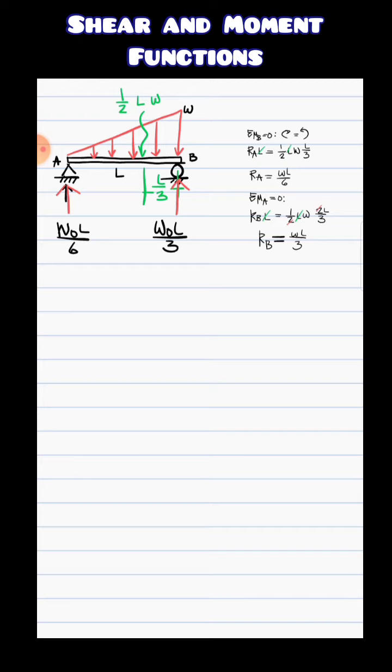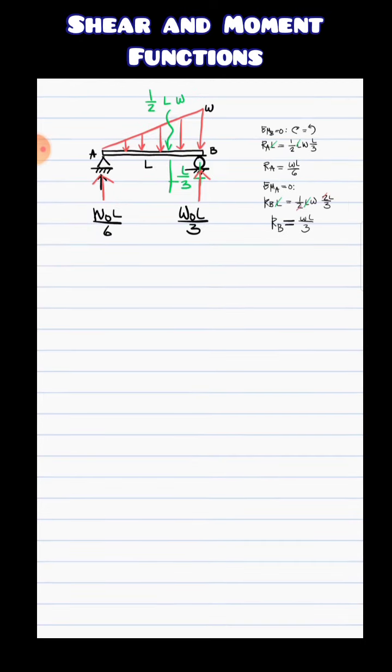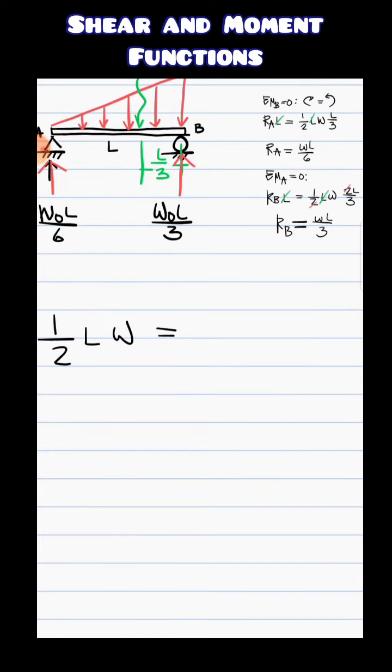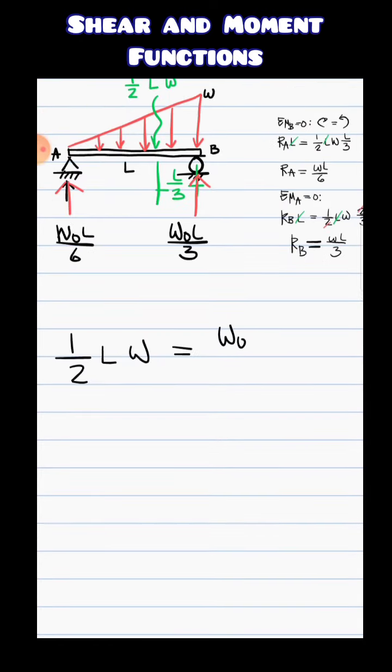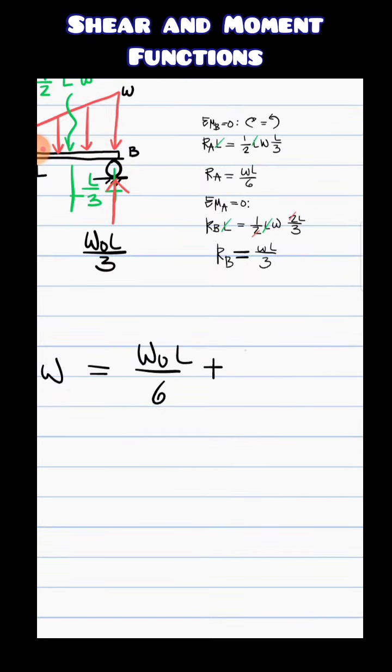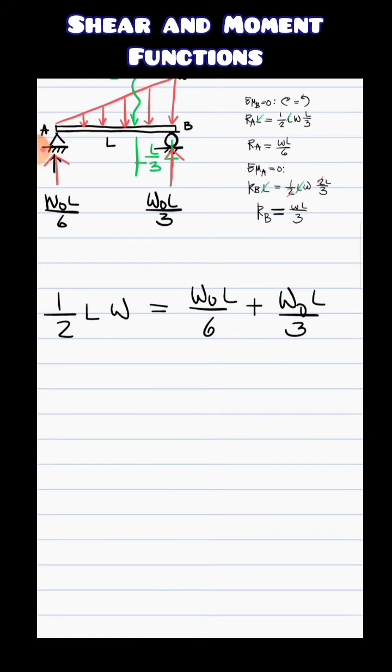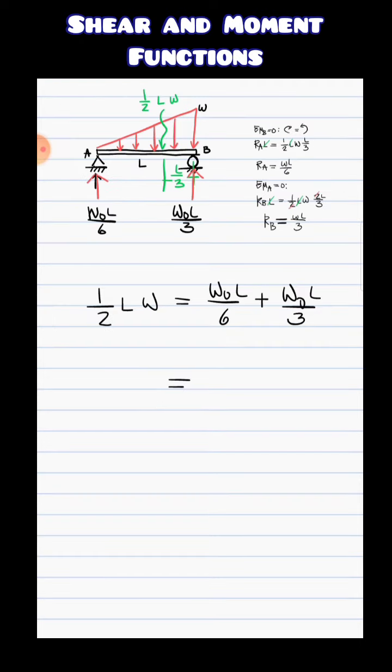To make sure these reactions are equal to the load because of equilibrium, 1/2 LW must be equal to the sum of these two. Let's check if it indeed is. This is not a necessary step, but it's a strategy you can use to check if your answers for the reactions are correct.